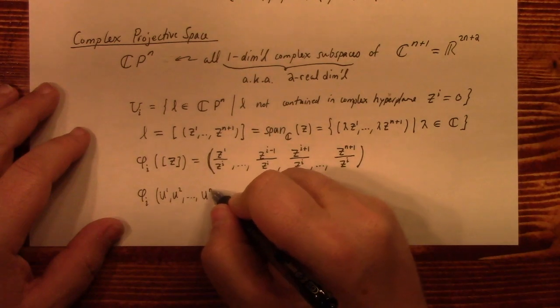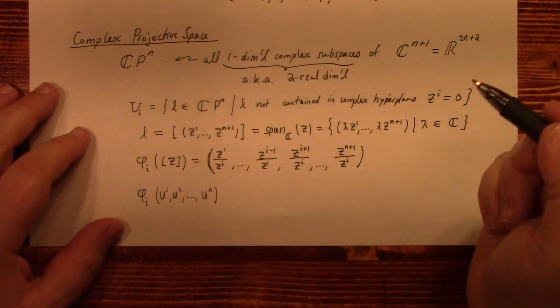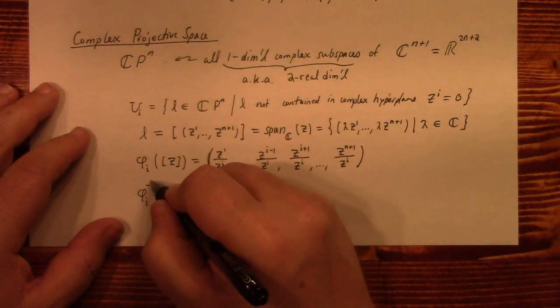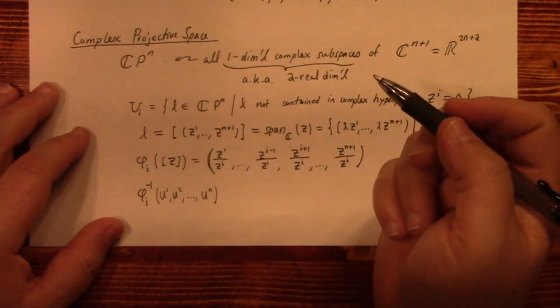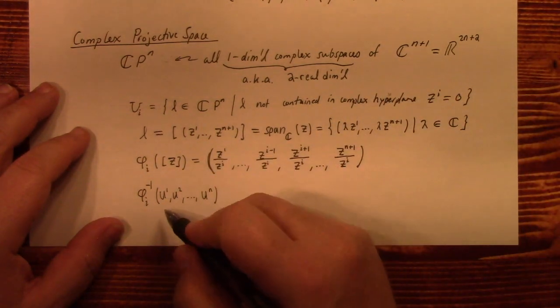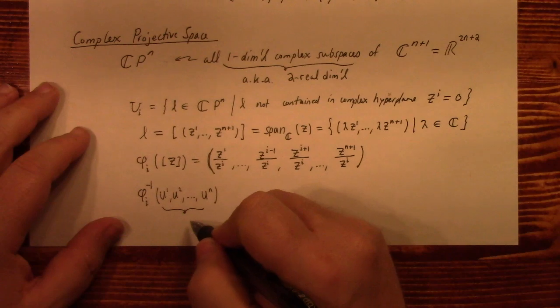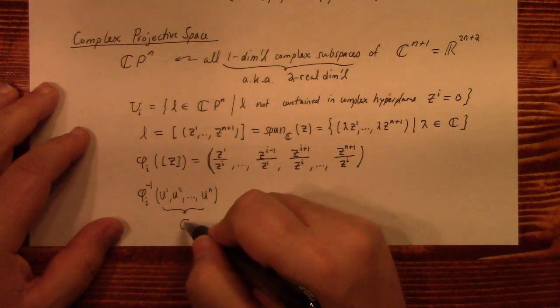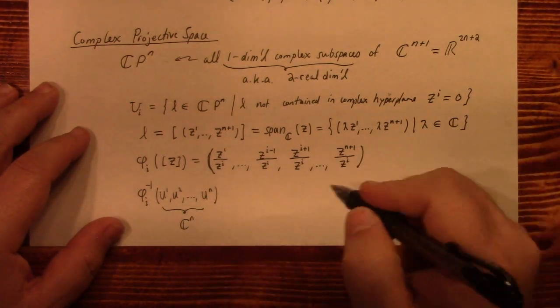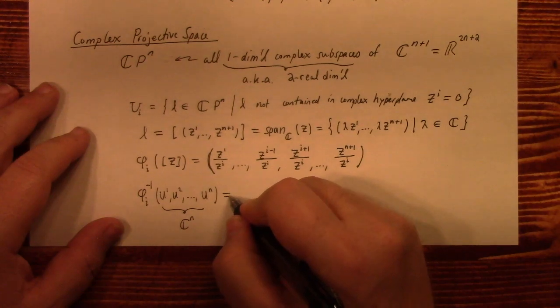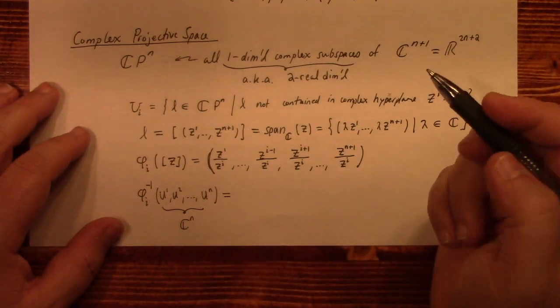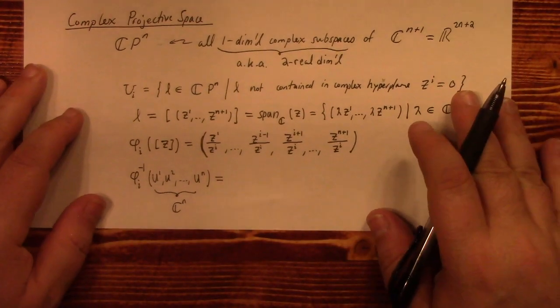And I'm talking about the inverse chart, so it's supposed to go from an element of Cn, and we want this to give us back an element of complex projective n space.